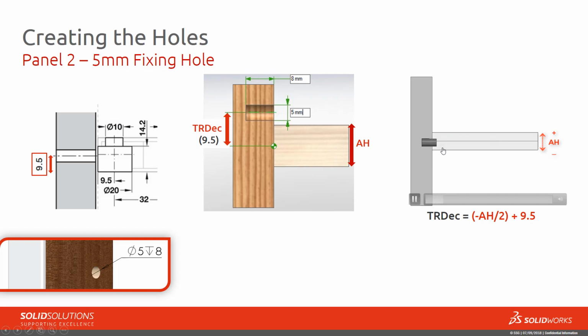So from its default position, we're going to go half of AH down in the negative direction. So that's minus AH divided by 2. And then we're going to go back up in the positive direction, 9.5 millimeters. The distance of this is coded in SWOOD as TRDEC. So our code must read TRDEC equals minus AH divided by 2 plus 9.5.